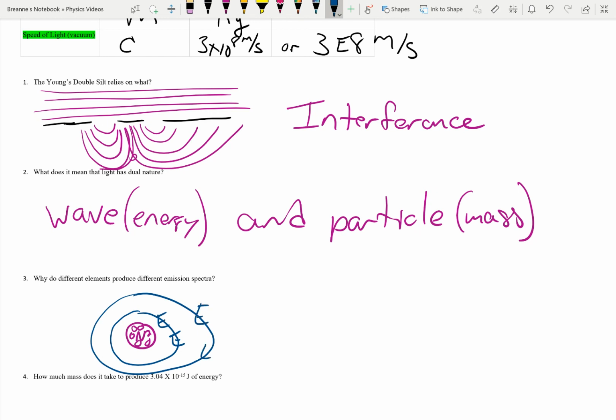That's where your electrons chill. Anytime you have an electron that moves from inner to outer or outer to inner, moves different levels, it gives off some energy. It gives off light.